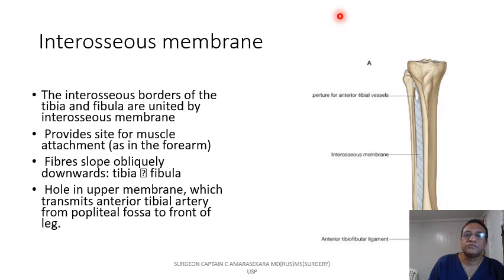What's the clinical relevance of this membrane? In compartment syndrome, the interosseous membrane acts as a barrier, limiting pressure dissipation between the anterior and posterior compartments.